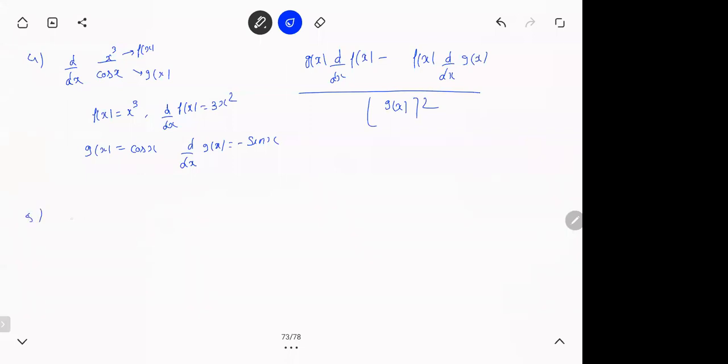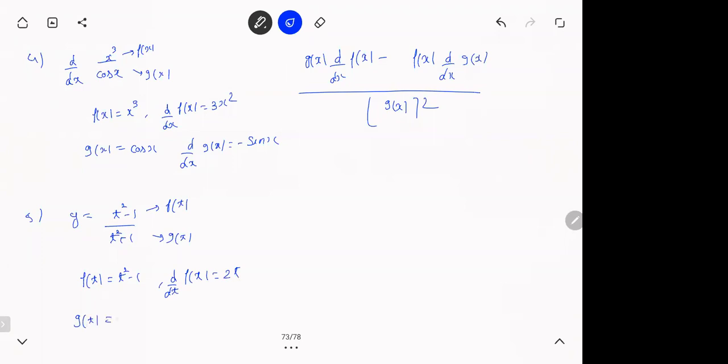Question 5 is also the same. Y is t square minus 1 by t square plus 1. This is f of t. This is g of t. So f of t is t square minus 1. Differential of f of t is 2t.